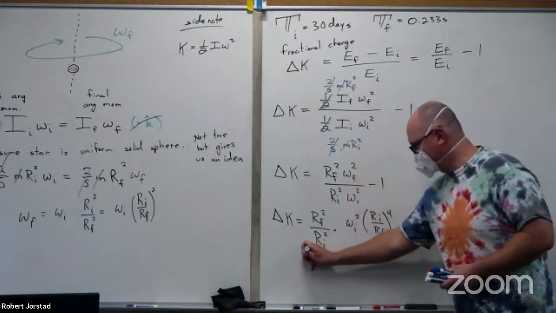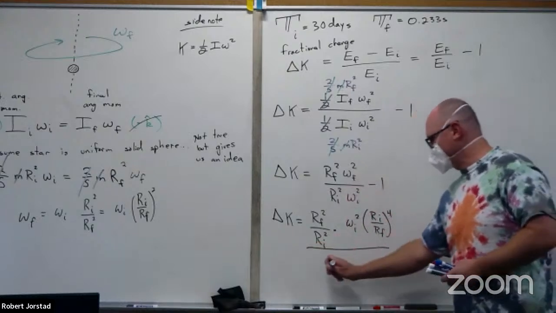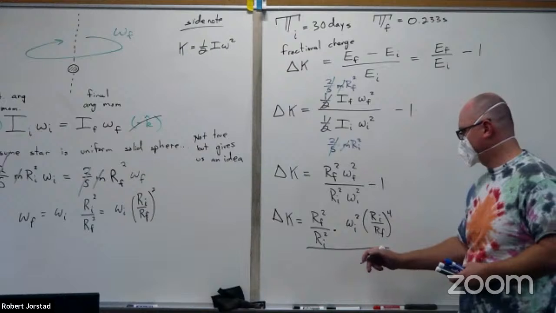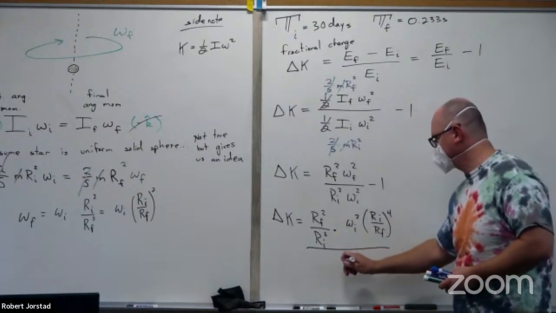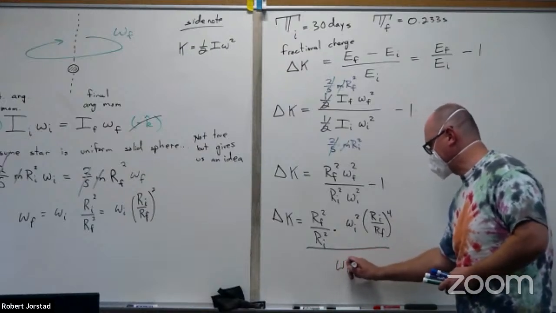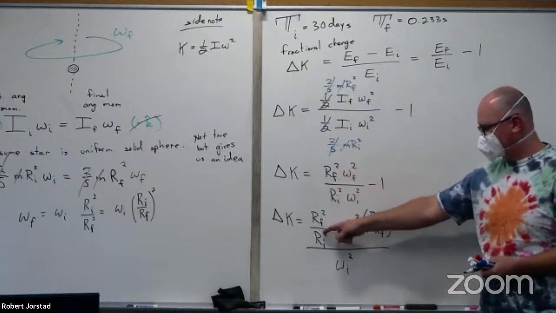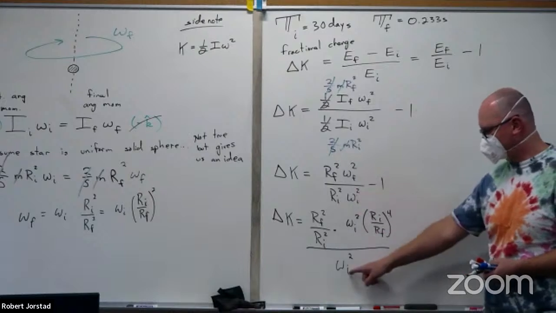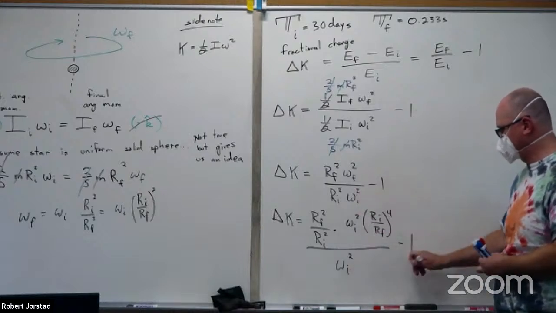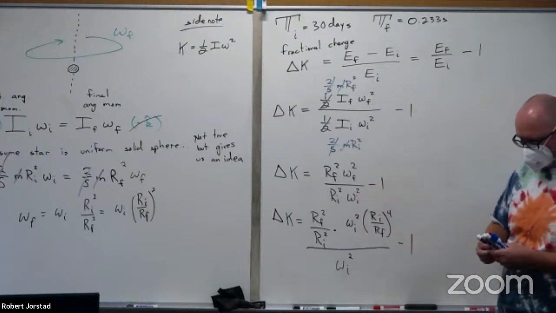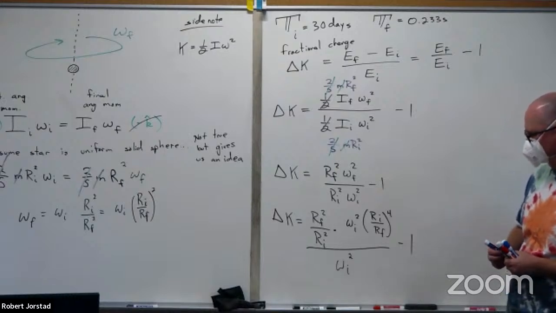That's the numerator. And then we get what? I guess omega initial is left on the bottom. So here's the R final over R initial squared. Here's the omega final squared. Here's the omega initial, and then there's a minus 1. So it's a little sloppy there. I apologize.